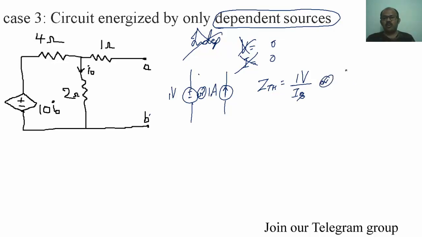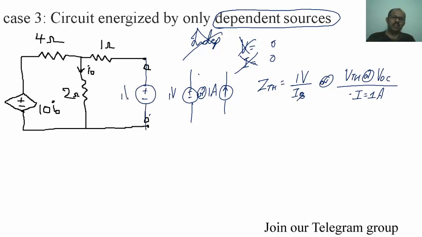Or you calculate VTH or VOC divided by the current that you have injected, which is 1 ampere. Voltage divided by current. Any one of the parameters you assume, and then you calculate. Able to follow?